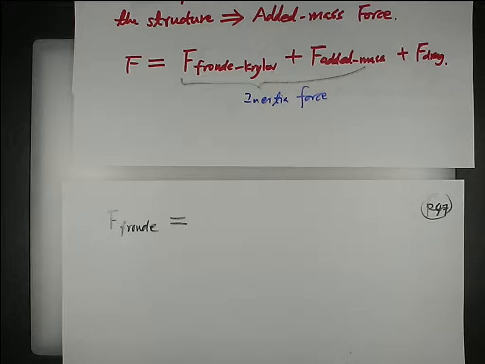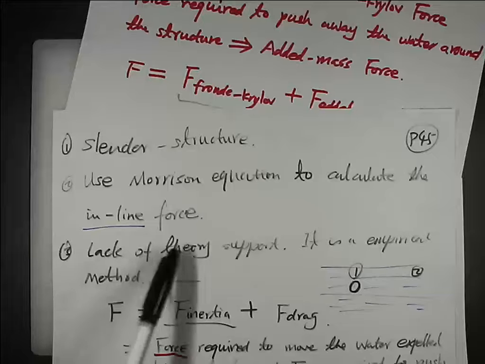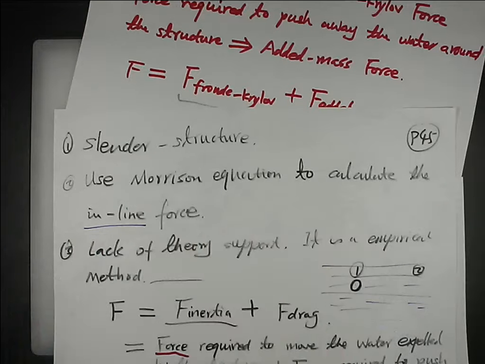Then what is M? It should be equal to the volume of the structure. But I forgot to explain one more thing here. The Morrison equation is used to calculate inline force.